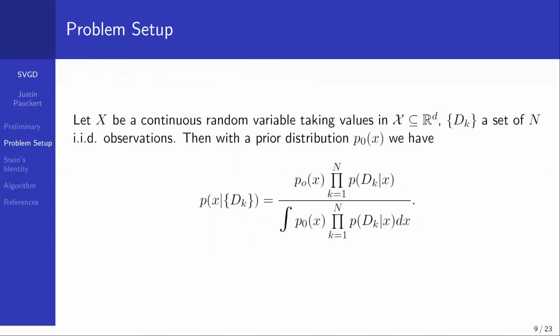What are we trying to do in general with Monte Carlo methods? Now, usually we have some continuous random variable, and it's taking some values, and we do have a set of observations. And now the question is, what's the distribution of this random variable? And we can use Bayesian inference to go about this.